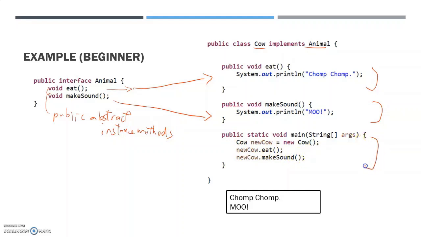In the main code here, after a Cow called newCow is created, if it eats, it goes chomp chomp first, as specified here. Later it makes a sound of moo, which leads to the result of here.